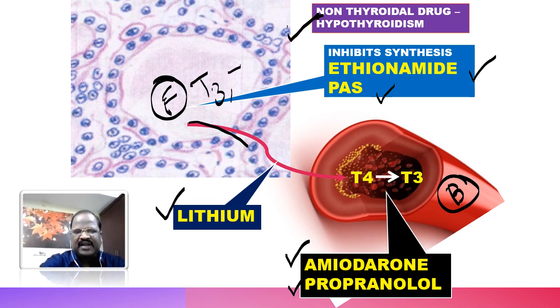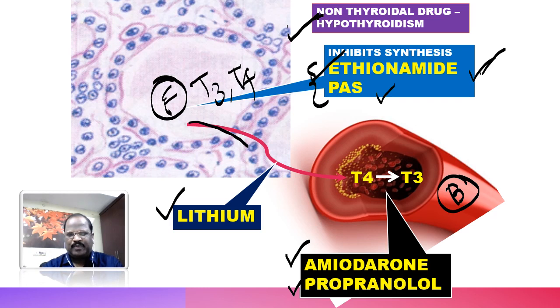By inhibiting synthesis of T3, T4, these drugs may cause hypothyroidism. Remember, among these two drugs, ethionamide has more chance of causing hypothyroidism. The reason is ethionamide has a chemical structure similar to methimazole and carbimazole. That means a thioamide-like structure, thereby inhibiting synthesis of T3, T4.